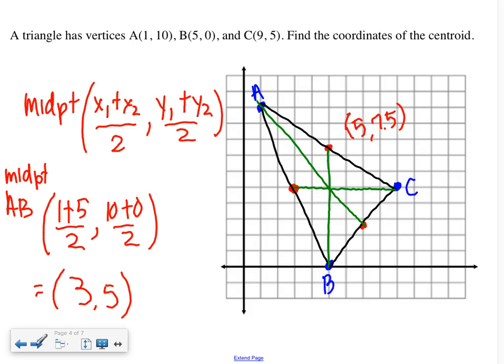So, do we know where they intersect? 5, 5. That is our centroid.